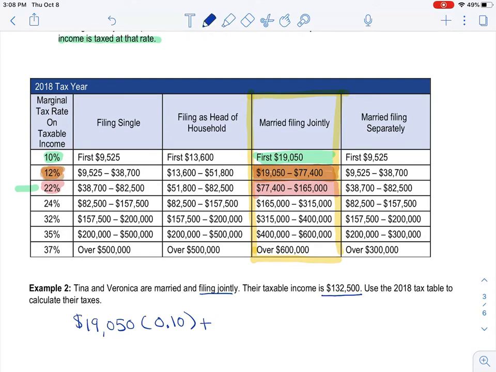So what I want to find is the leftover from $77,400. But I've already been taxed on that first $19,050, so I'm going to take that away because I don't want to be taxed double. And then that is taxed at 12%, which hopefully you're feeling good about, is 0.12.